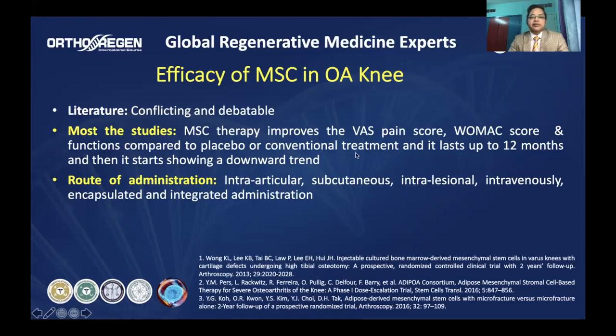This improvement lasts for 1 year, but some studies show 2 years, 3 years, even up to 4 years. But generally after 1 year, it starts showing a downward trend. Route of administration, the most common route has been intra-articular. There are some people who have used intralesional also, or they have used an encapsulated integrated administration.